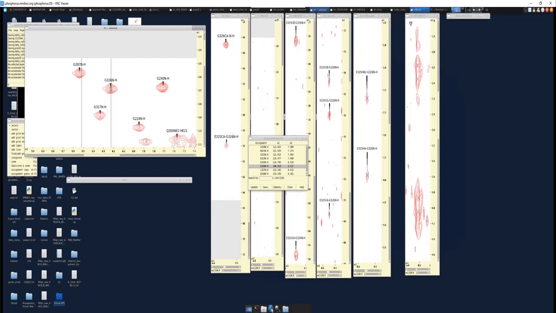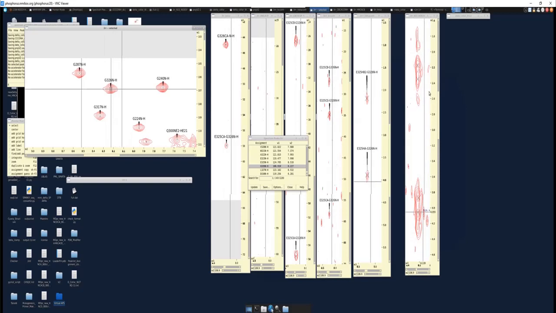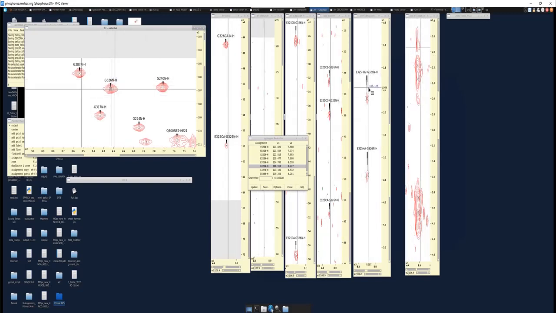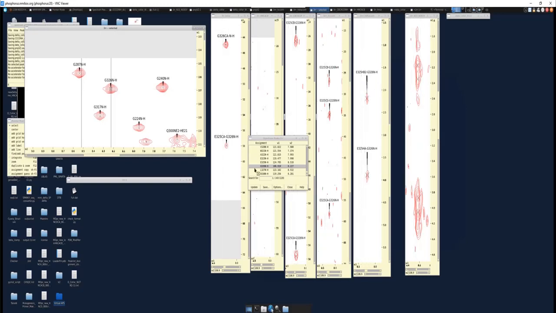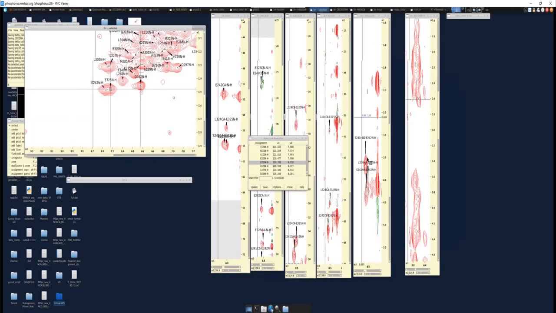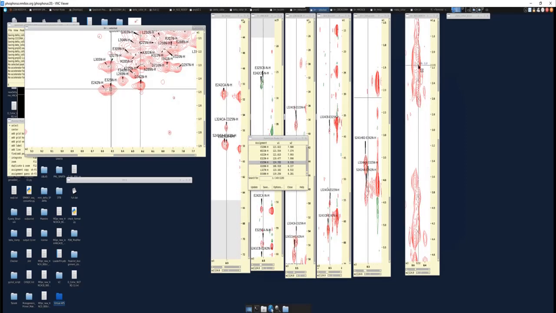And even if you don't see the H-beta and H-alpha for your I-1 in your NOESY here, right, for the I-peak, you have it in the HACONH, right? So you can use the values that you see here, right, and compare them to what you see in your NOESY. Again, this is not concrete.